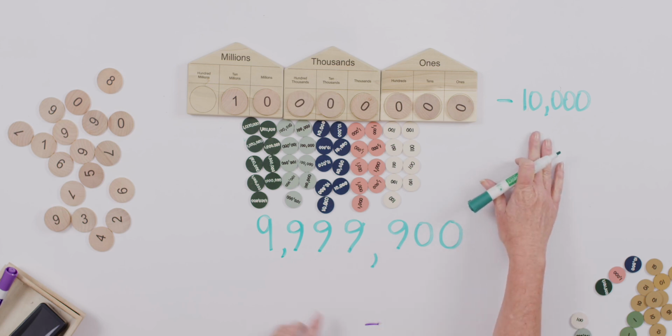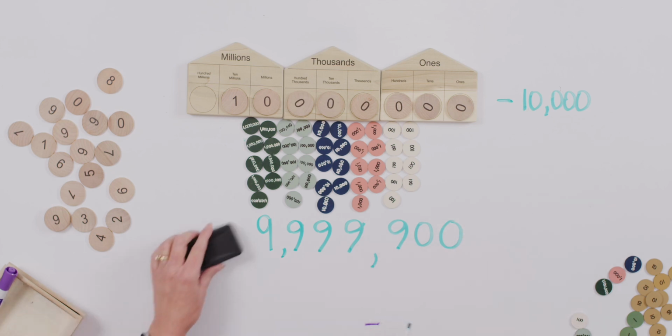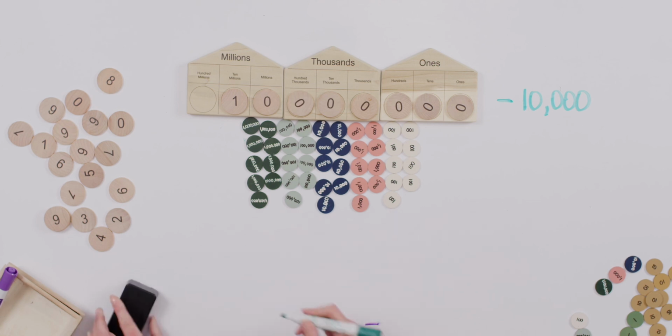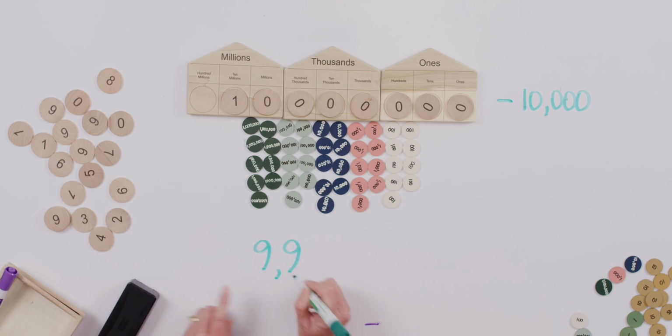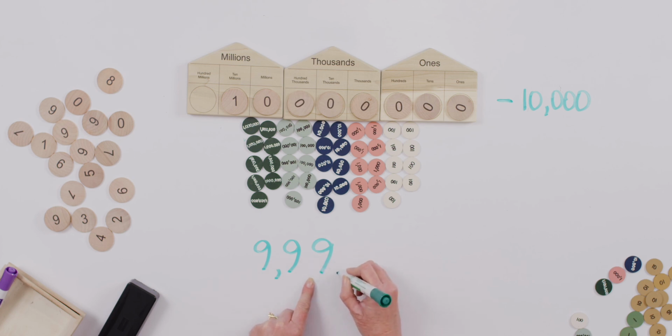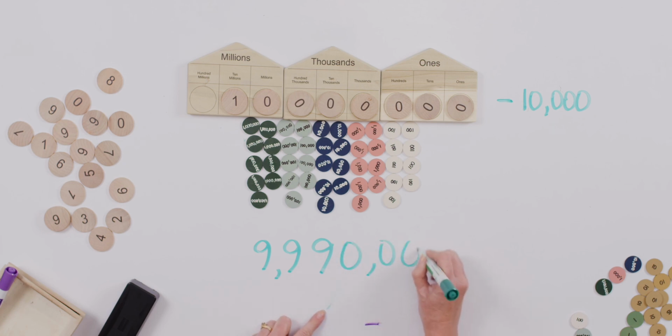Yeah, if we were to subtract 10,000, then we would still have 9 million, and we'd still have 900,000, and we'd still have our 10,000s, but we would subtract 1, which left us with our 9, and we would have no thousands, no hundreds, no tens, and no ones. Okay, you see how we subtracted 10,000? This was technically 1,009,000 less 10,000, which would give me 990 thousand. All right, great work, you guys.